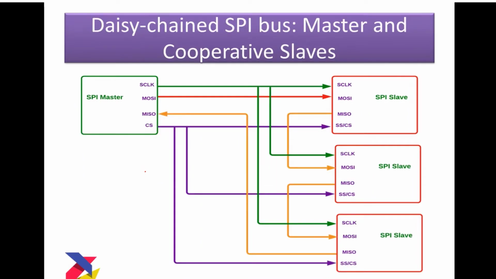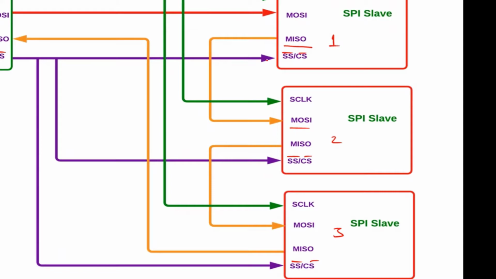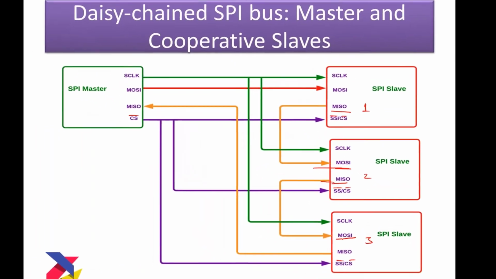Coming to this, it is a single master and cascaded slaves. SPI may be connected in a daisy chain configuration. A daisy chain is a wiring scheme in which multiple devices are wired together in a sequence, similar to a garland. In this configuration, the first slave output is connected to the second slave input. Next, the second slave output is connected to the third slave input, and so on.